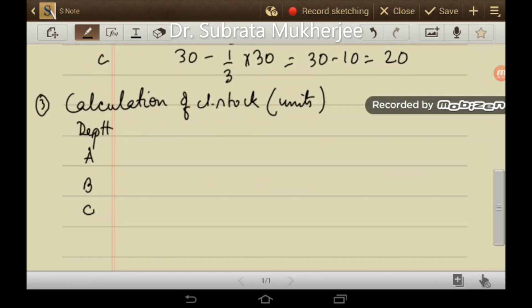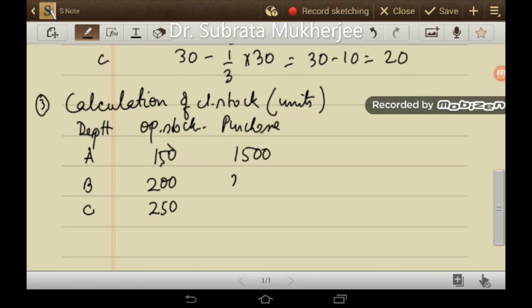The third working is calculation of closing stock. For departments A, B, C, your opening stock is given at 150 units, 200 units and 250 units. Purchase in units is given as 1500, 2500 and 3000. Sales in units is given as 1400, then 2400 and 2700.